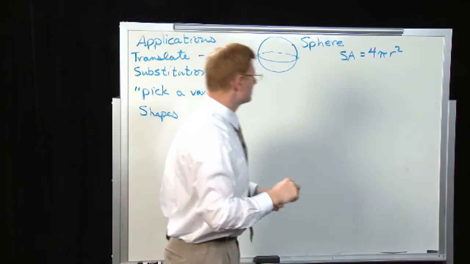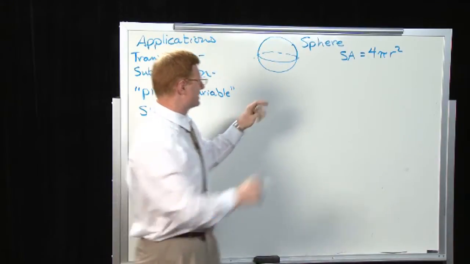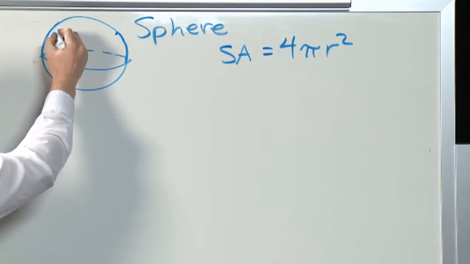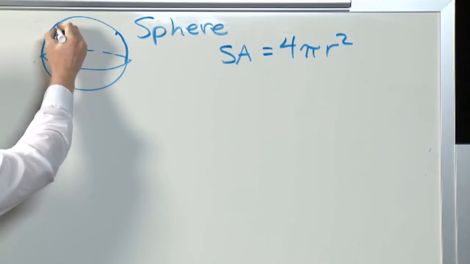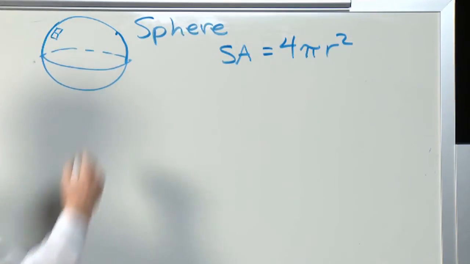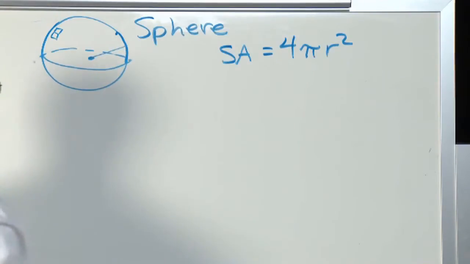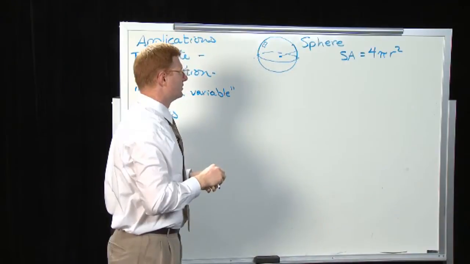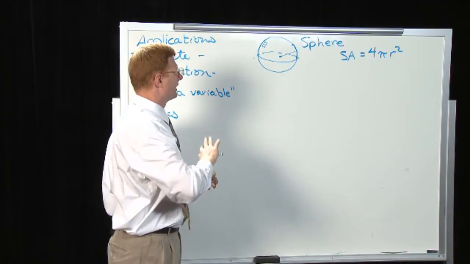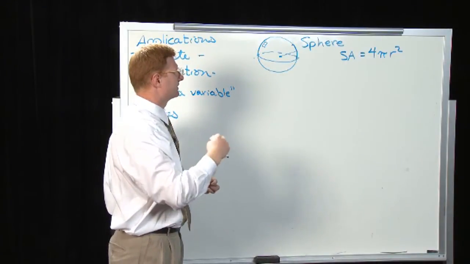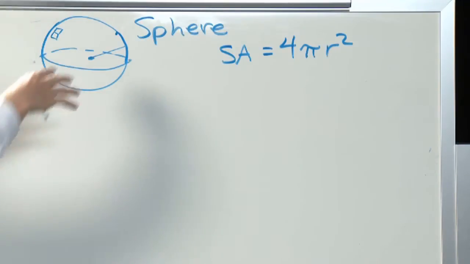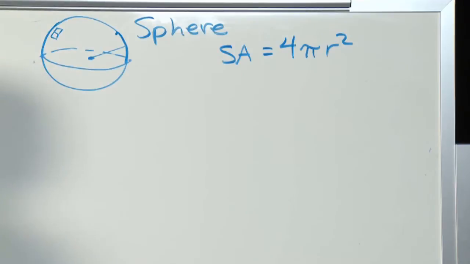Now we should stop a minute and make sure you understand what that is. The area, so if you had little patches right here representing the area, you have a radius in here. If you took this radius of like 5 inches and you squared it, and then you were able to times it by 4 and times it by pi, then you'd be able to get the entire surface area, all these little patches.